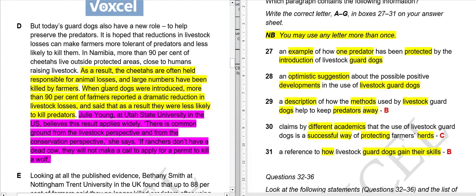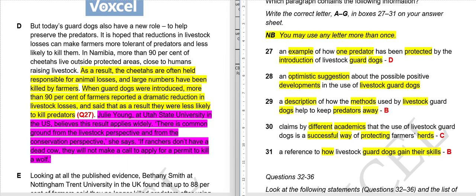So because of guard dogs, the cattle were saved, and as a result, the cheetahs' lives were also saved. So this is our question number 27. The answer to this question would be D. I hope it is clear.